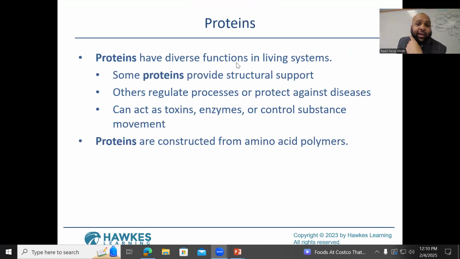Some of them are enzymes, some act as toxins, and some as channels. They allow for the movement inside and outside, the influx of ions, the efflux of ions. Proteins are constructed from amino acid polymers. So you see, we make proteins from amino acid polymers.